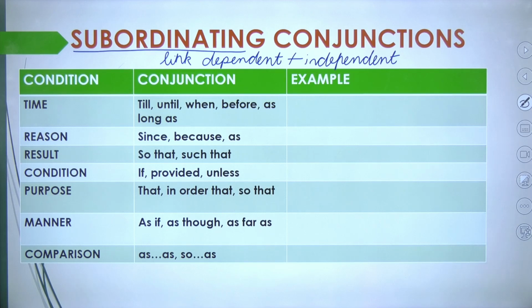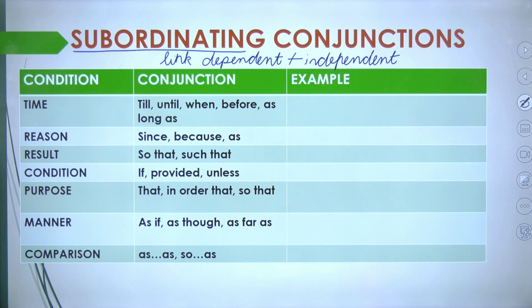A dependent clause is also called a subordinate clause. It does not express a complete unit. It cannot stand on its own. It will be incomplete if you just write that.